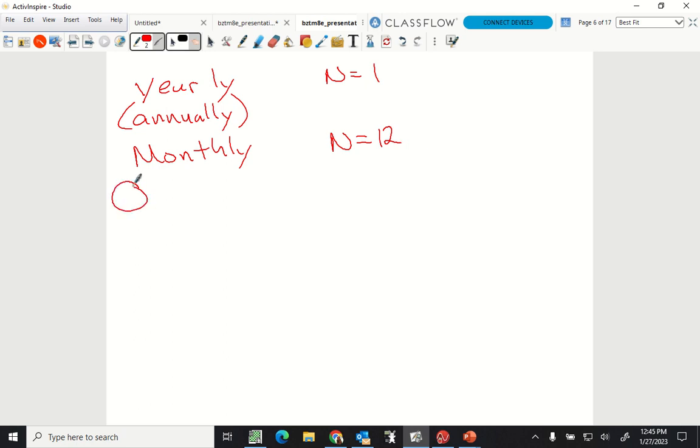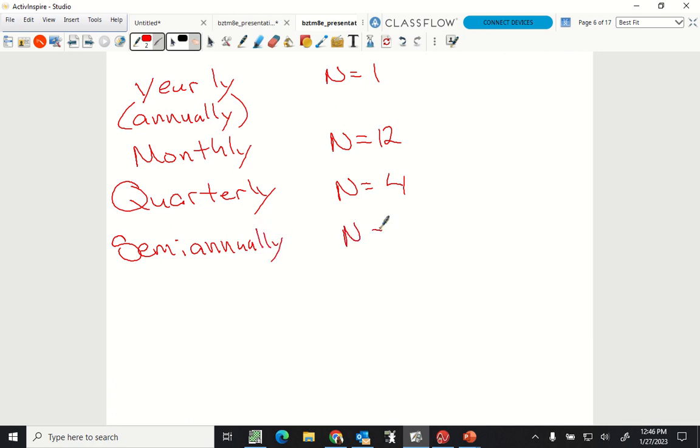Next one would be quarterly, N is 4. Semi-annually, N is 2. Daily, that equals 365.